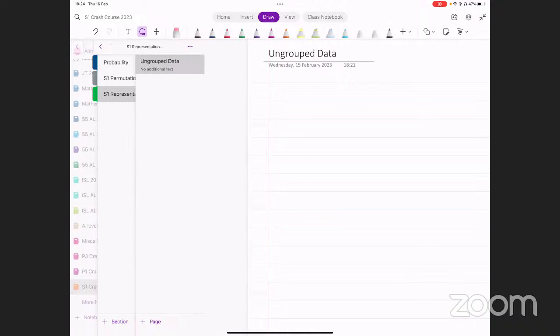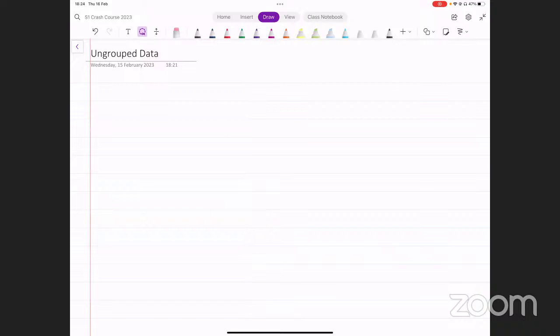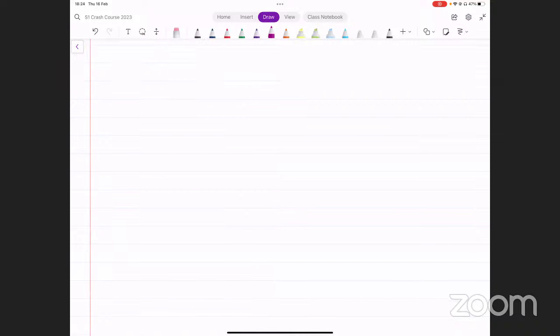So let's start with ungrouped data first of all. Ungrouped data. Now, what different things are we going to be looking at? First of all, we are going to talk about measures of central tendency. Now, what are they?